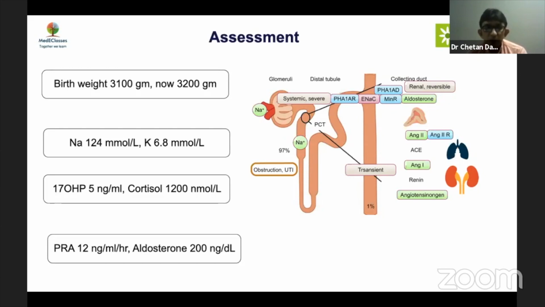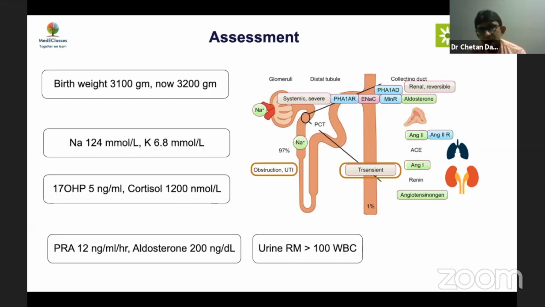So now we have to think about whether it's transient or permanent pseudohypoaldosteronism. If there is any obstructive uropathy or urinary tract infection, then it is transient pseudohypoaldosteronism, where the UTI precipitates the aldosterone resistance. In this case, the urine routine showed plenty of pus cells, more than 100 WBC, and ultrasound confirmed the urinary tract obstruction.